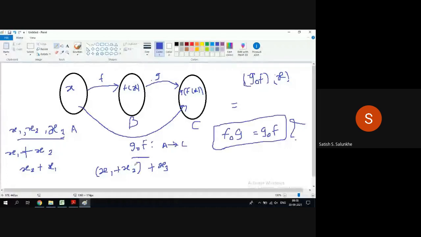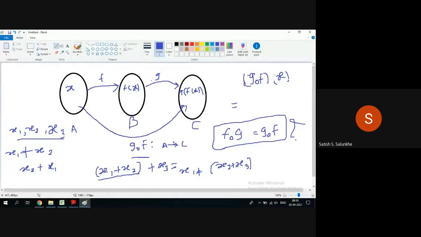Whatever is the result, that plus x3, or you may do first x2 plus x3, and then whatever is the result with x1 addition. So you can see it is always true. So the addition operator satisfies the associative law.